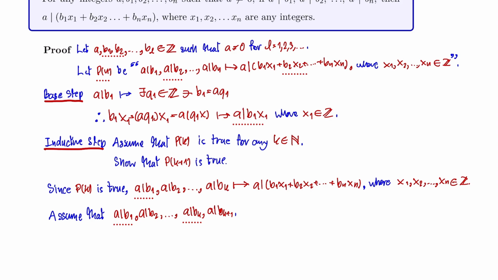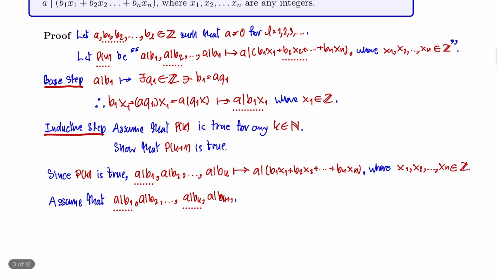So what do we have here? Let me start with this: b1x1 plus b2x2, plus b3x3 and all the way to bkxk and plus bk plus 1 times xk plus 1.